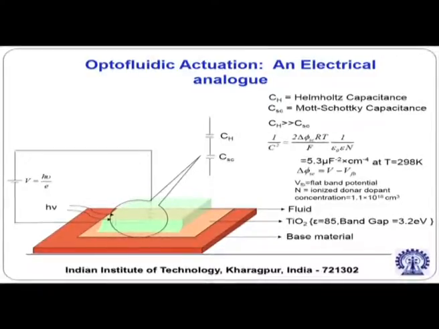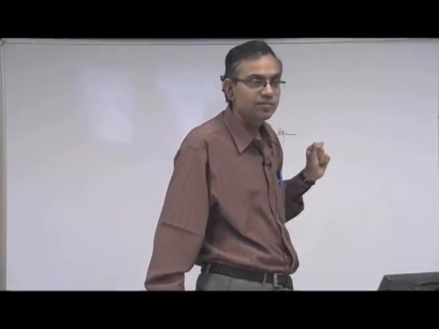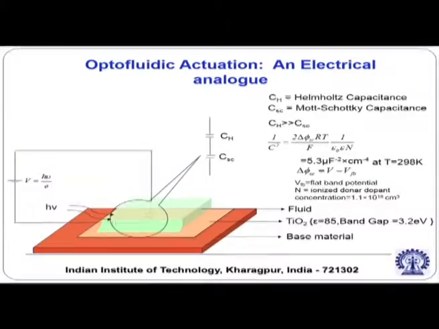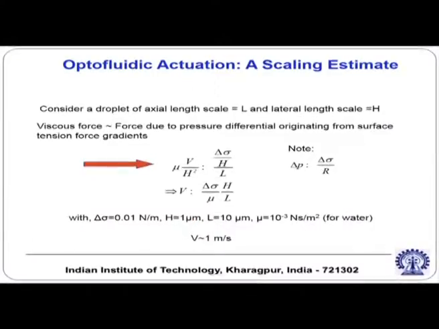If you know the capacitance and the potential, then you know the equivalent surface energy. Okay. So it is ultimately the energetics that is dictating the phenomenon. Now in terms of order of magnitude analysis, that energy will give rise to a change in the surface tension.